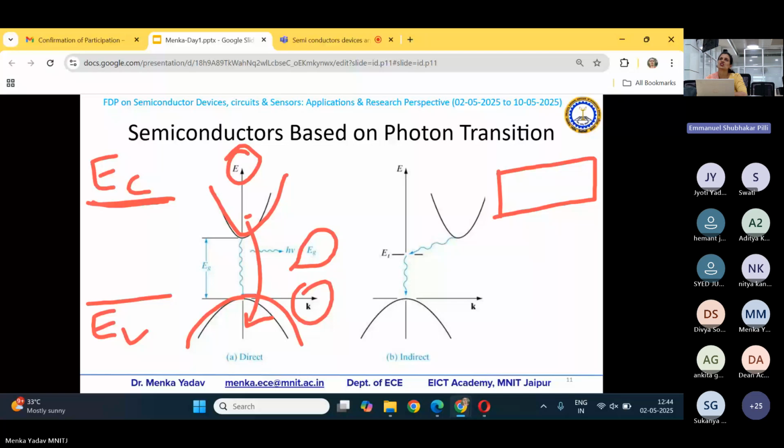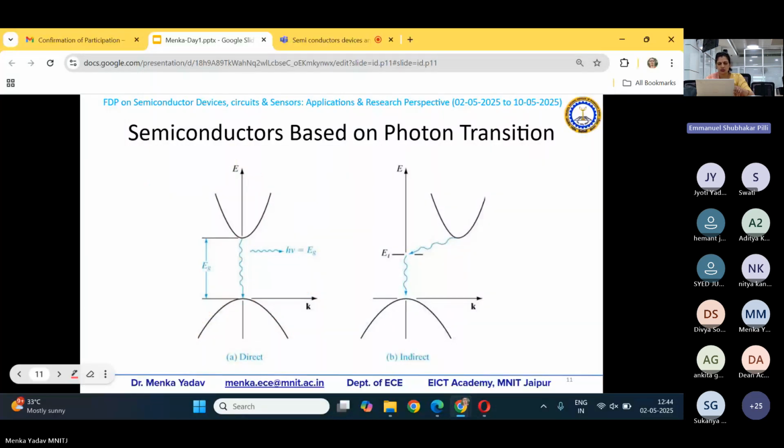If that energy released is in the visible spectra, we'll be able to see that light in that particular color, right? If it is not in the visible spectra, then it is not visible to us. So all the LEDs are working on this principle and photodiodes are also working on a similar principle. Photodiodes will take the energy, LED will release the energy.